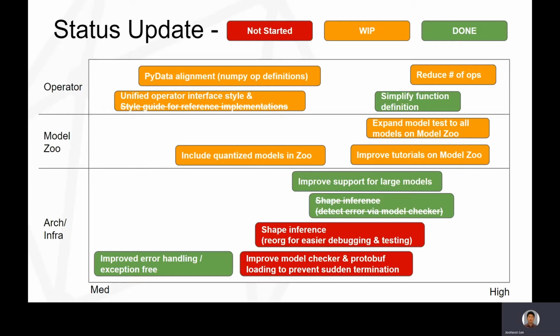On the operator SIG side, there was a topic on the reduced number of ops. So the goal here was to replace as many ONNX ops as possible with functions, and as part of the task, add new primitive ops, which will make this possible. The SIG has taken a look at this, and the recommendation as a next step is to decide on the specific list of operators that the SIG would like to replace with functions.